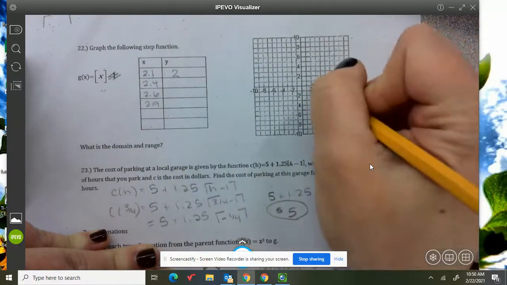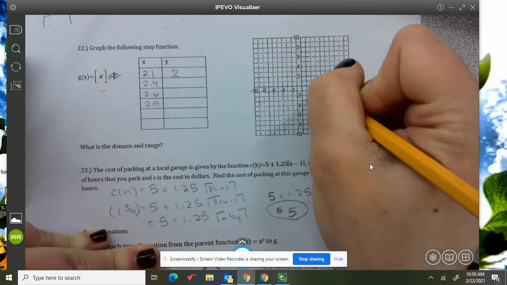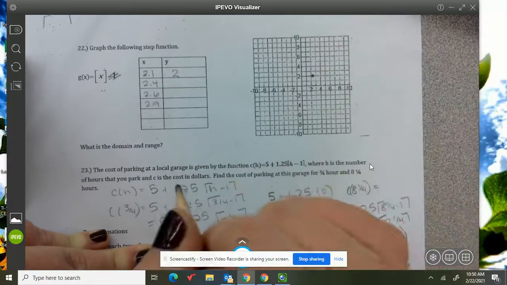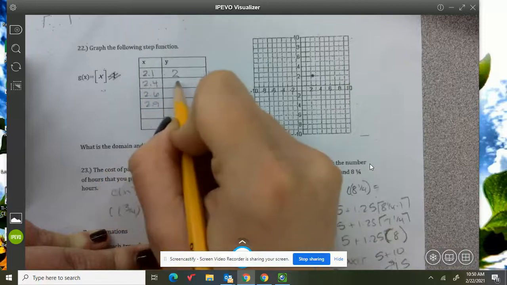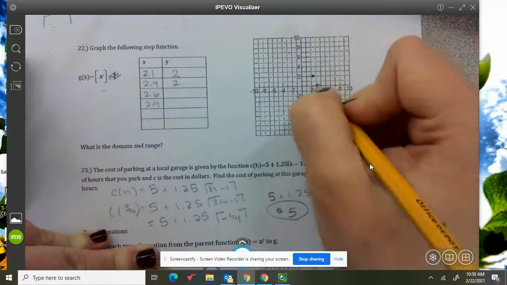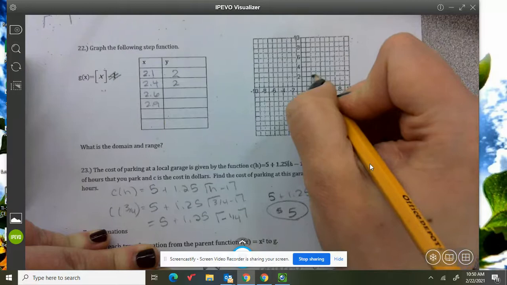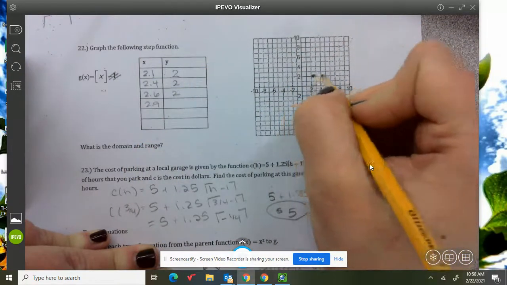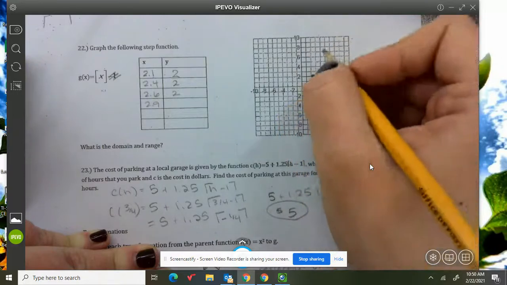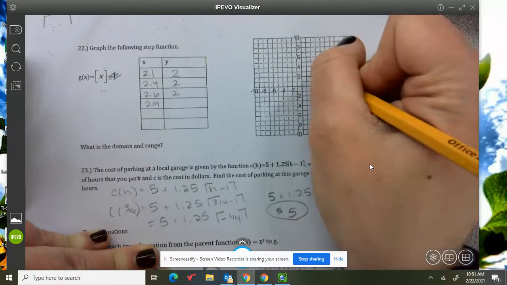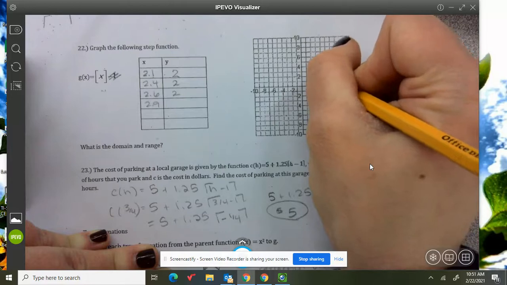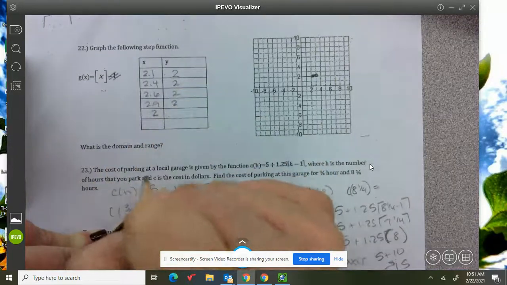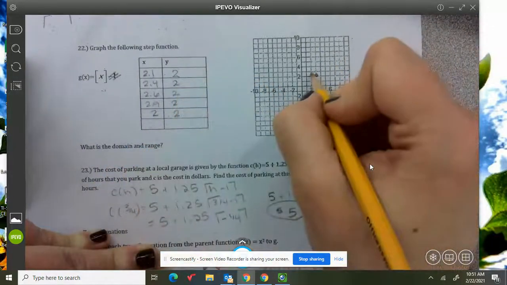When you go to 2.4, that's going to round down to 2. When you go to 2.6, that's going to round down to 2. When you have 2.9, that's going to round down to 2. 3 is not going to round down to 2. So when you hit the number 3, it's an open circle. So what if I put in the number 2? That will stay at 2.